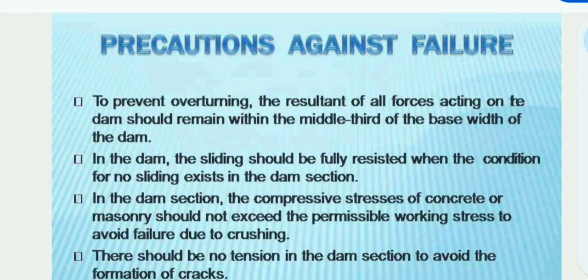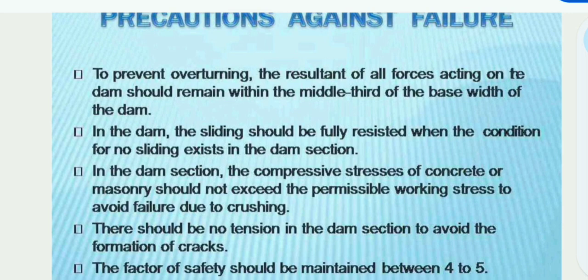Precautions against failure. To prevent overturning, the resultant of forces acting on the dam should remain within the middle third of the base width of the dam. The sliding should be fully resisted, when the condition for no sliding exists in the dam section.